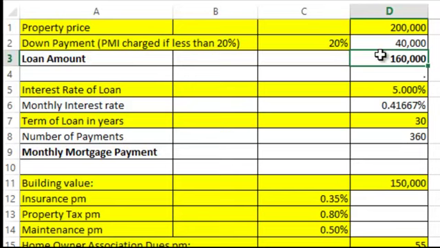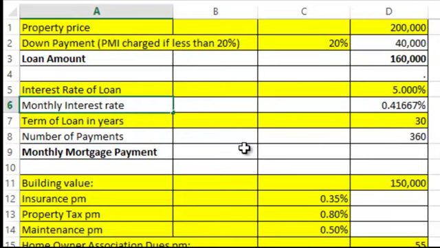And for the monthly interest rate, we've got cell D6, so I'm writing that down, D6. And then for the number of payments T, actually I'm going to make a note here: monthly interest rate, that's R, right?